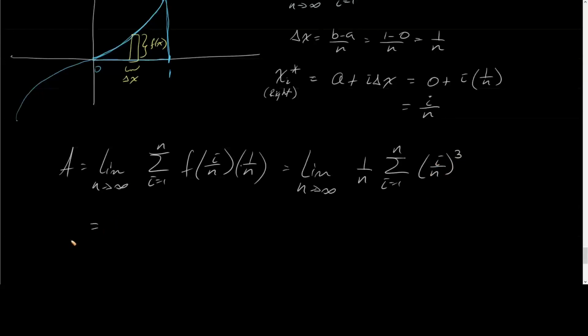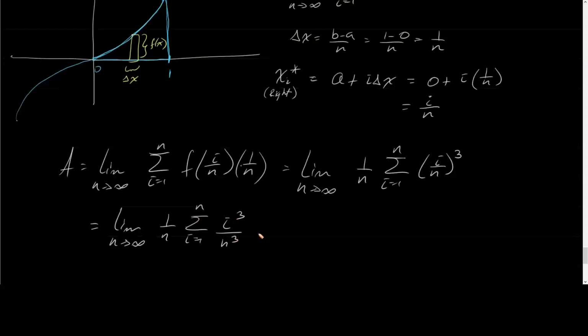So now, this becomes the limit as n goes to infinity of 1 over n times the summation of i cubed over n cubed from i equals 1 to n.